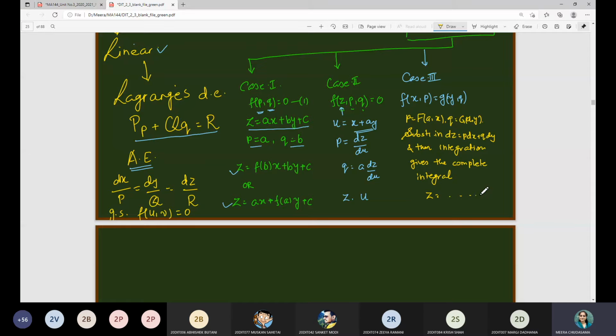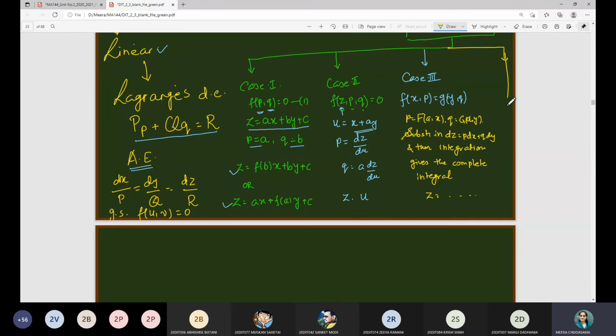Right? You will get P and Q in terms of functions of A and X, A and Y respectively. You have to substitute it in the standard equation, and then while integrating that expression, you are able to get the complete integral. That is what case 3 is. And now we will discuss case 4.